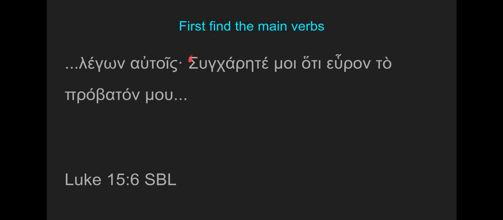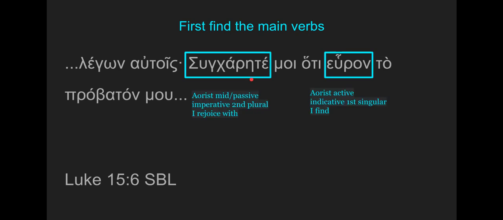So first thing we come to a sentence, we need to find the main verbs. So using Bible software, you can click around and find out which ones are the verbs, and it'll tell you something like this. Aorist, middle passive, imperative, second person plural. And what do those mean?